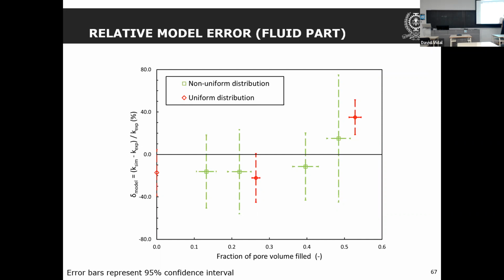This point is the scenario that you are not looking for: you have a discrepancy, but the uncertainty bar is not crossing the 0 line. But overall, I think we can conclude that this model is actually quite good, because of the very large natural variability of permeability that we can see here in the uncertainty part.